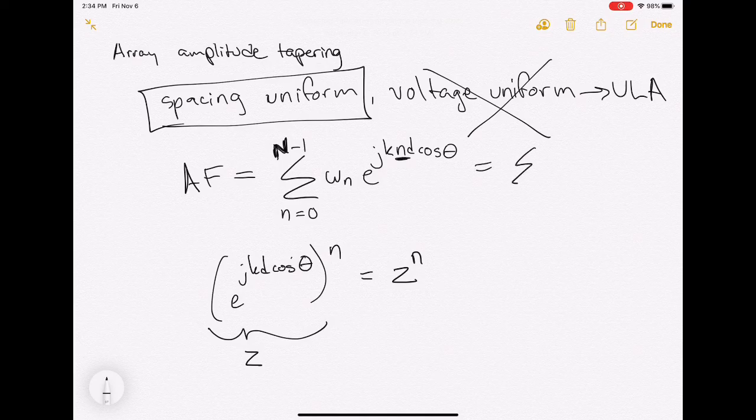So now our array factor is actually a polynomial, n equals 0 to big N minus 1, of w sub n, some coefficient, times z to the n. And our choice of those coefficients has a big effect on the shape of that polynomial.